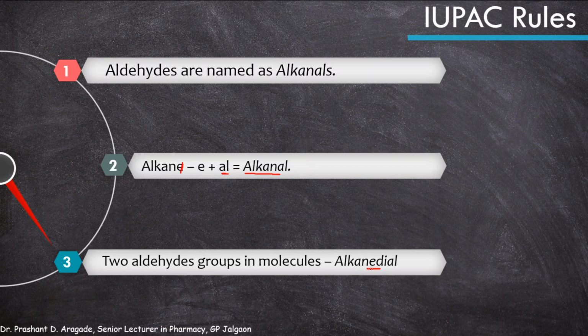See here, E is not omitted, it is not replaced, it remains as it is, if there are two aldehyde functional groups present in one molecule. So that molecule is called an alkanedial. So you don't replace this E with Al. E remains as it is and you have to use the di prefix. Di means that the particular group is present two times.